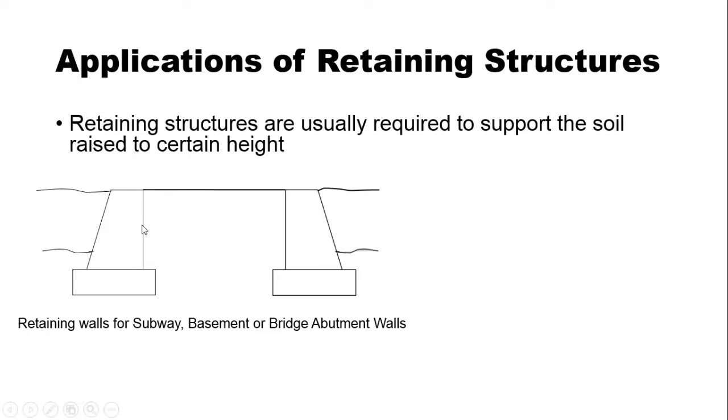Even though the nature of lateral earth pressure is different in all these situations, one thing is common, and that is the retaining structure which supports the soil and resists the lateral earth pressure.